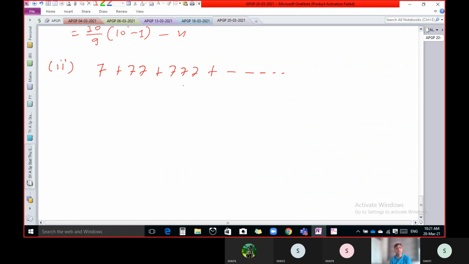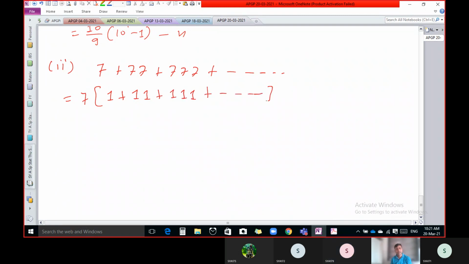So we are not able to solve this type of question in that particular way. But there is a fixed method to solve this question. First, you can take 7 common. So what do we get if we take 7 common? 1 plus 11 plus 111 plus so on.